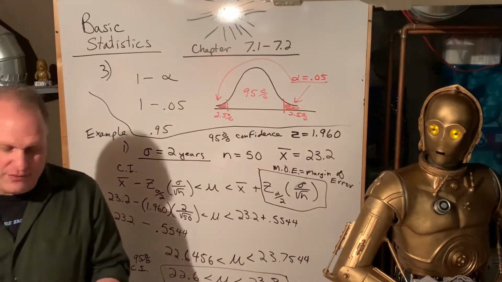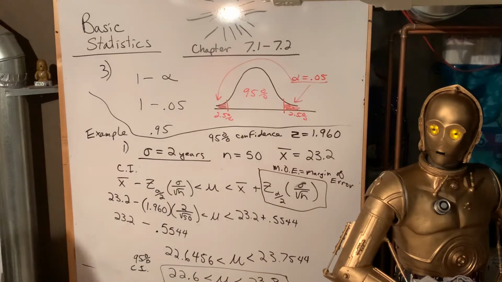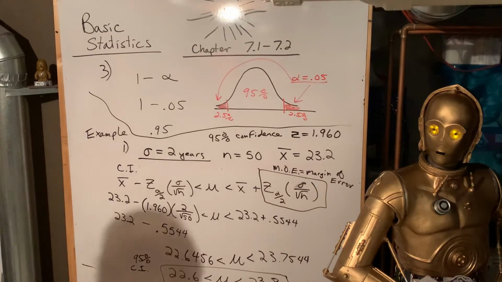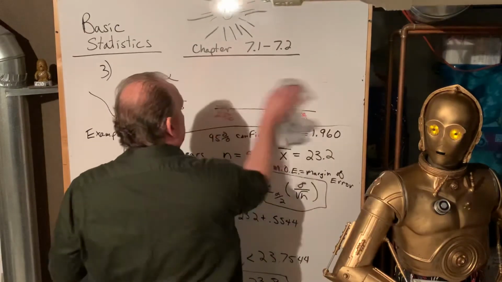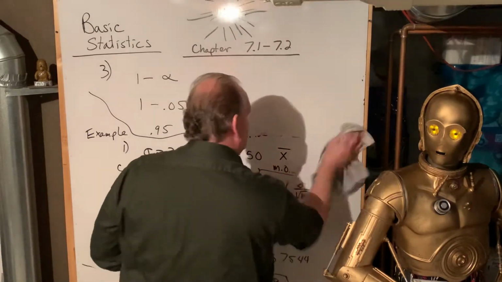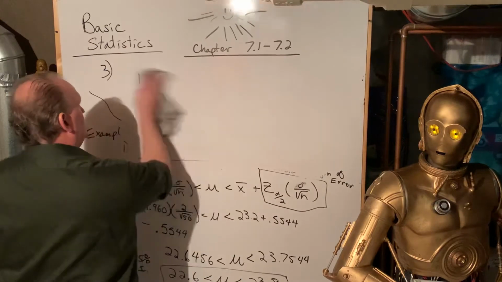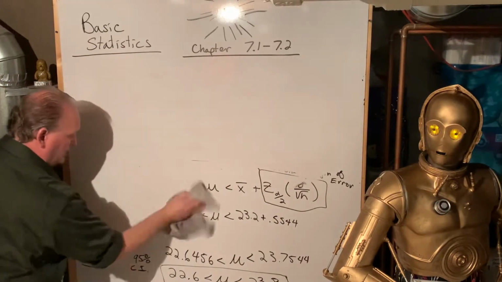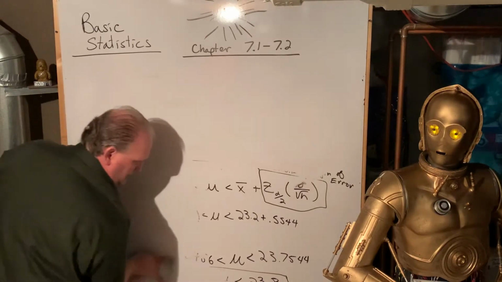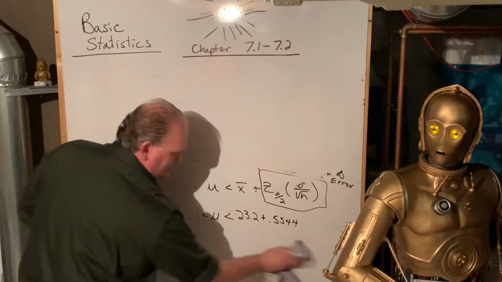Okay, let's look at 7.2. And so when we look at 7.2, confidence intervals with t distributions. And so now the t distributions came about. It's commonly referred to as the student distribution. A brewmaster actually figured out the t distribution.